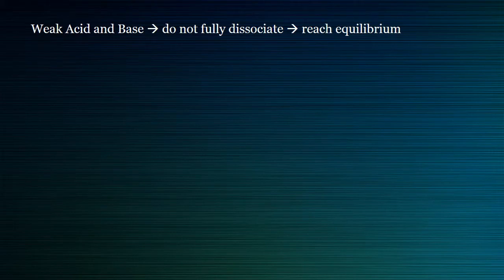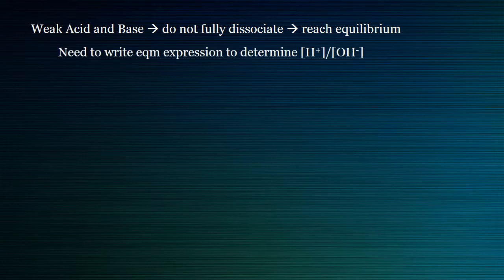What about weak acids and bases? Well, as we saw from 8.4, weak acids and bases do not fully dissociate, which means they come to an equilibrium point, which means we have to write an equilibrium expression. And then we use that expression in order to determine what is that hydrogen ion and hydroxide ion concentration.